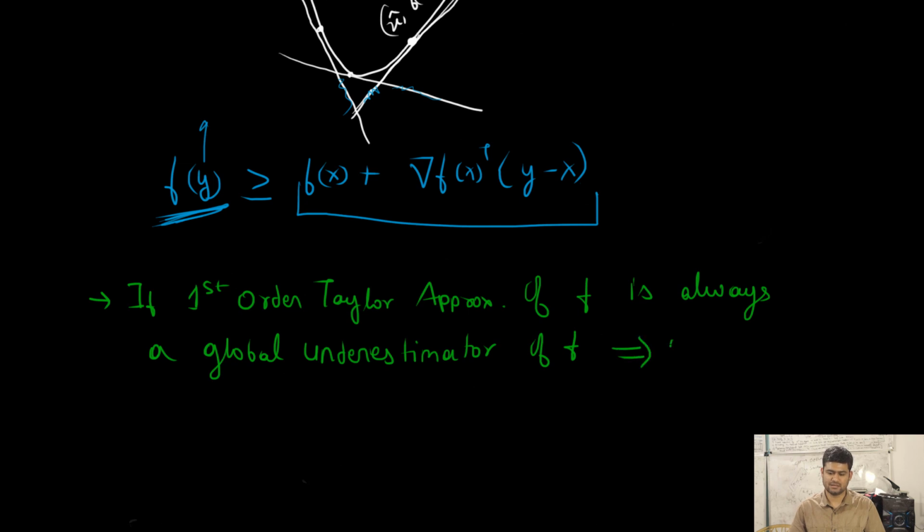It implies that f is convex. So this is both a necessary and sufficient condition for a function f to be convex.